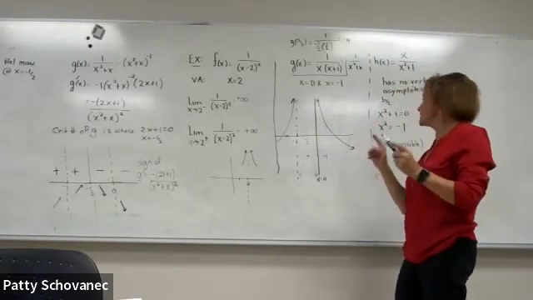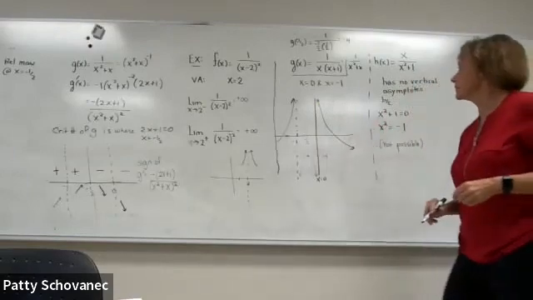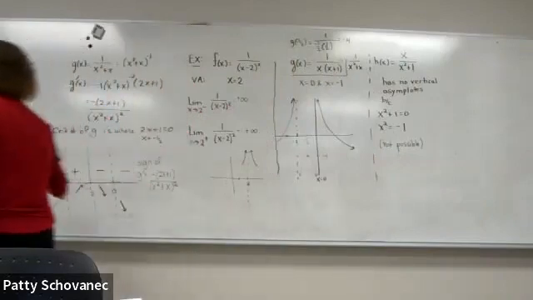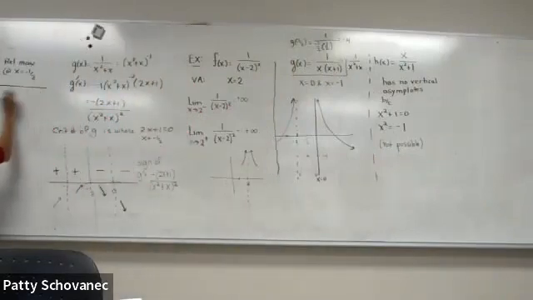Now we can write the one-sided limits. Let's write the two one-sided limits around x equals -1. So x goes to -1 from the left, and the limit as x goes to -1 from the right. Your value is either going to be +infinity or -infinity.